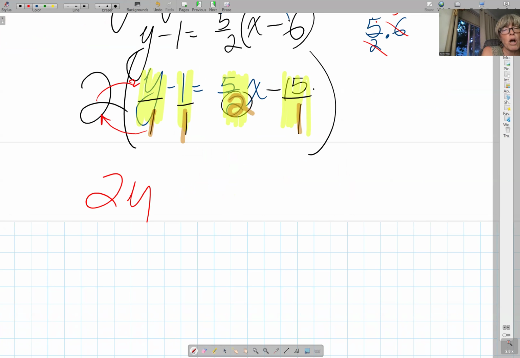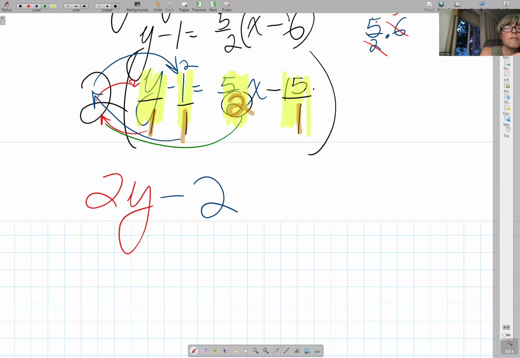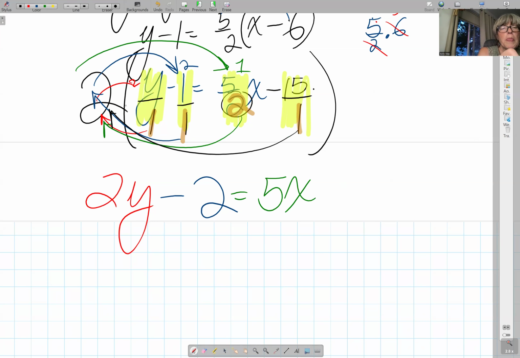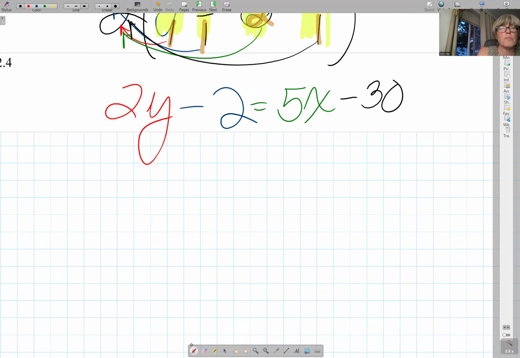This becomes 2y. 2 goes into 2 one time. That's going to be equals 5x minus 30. All right, we want our x's on one side and numbers to the other.